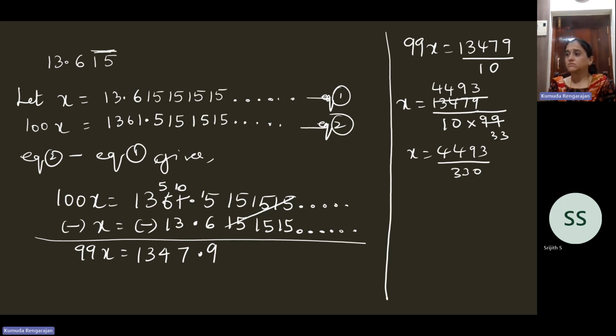What's your question? Can we leave it just like that? No, no. A rational number should always be put in the simplest form. Also, ma'am, how to know that it's the simplest form? That's what I was telling.